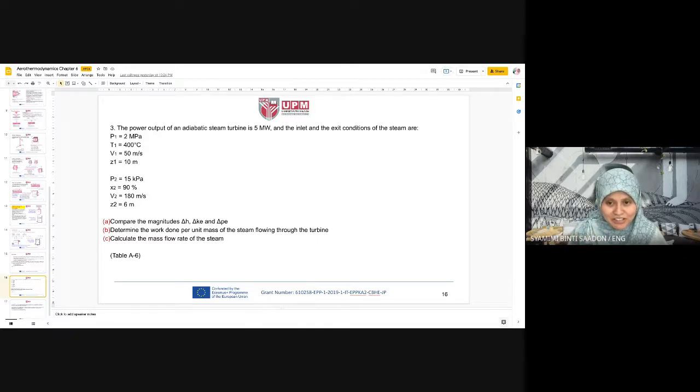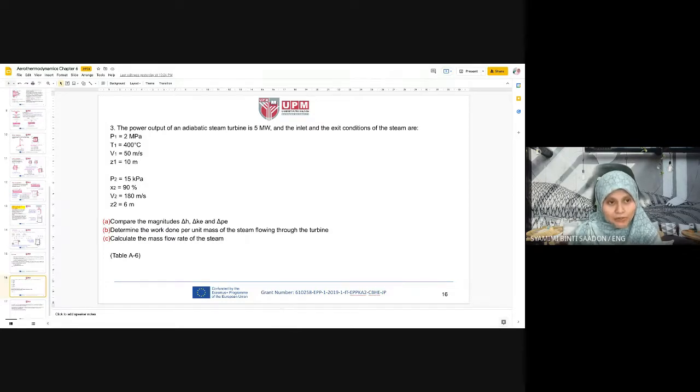A turbine is expansion, to decrease the pressure. When we decrease the pressure and temperature, then we produce power output, where we generate power from there. So I think maybe you confused it with the gas turbine.